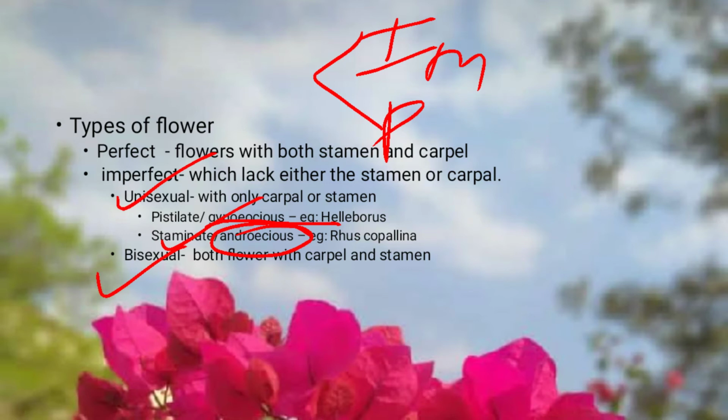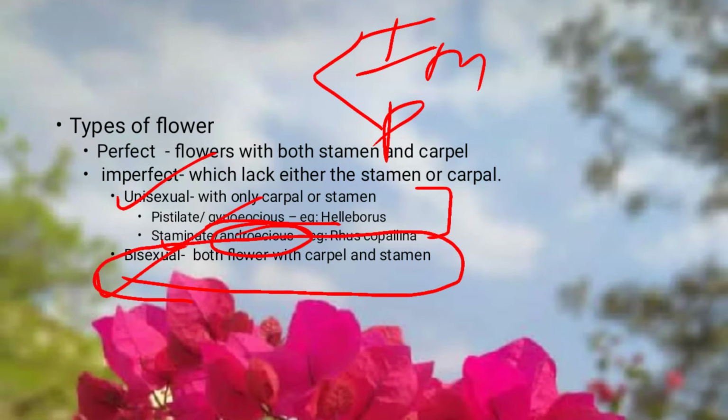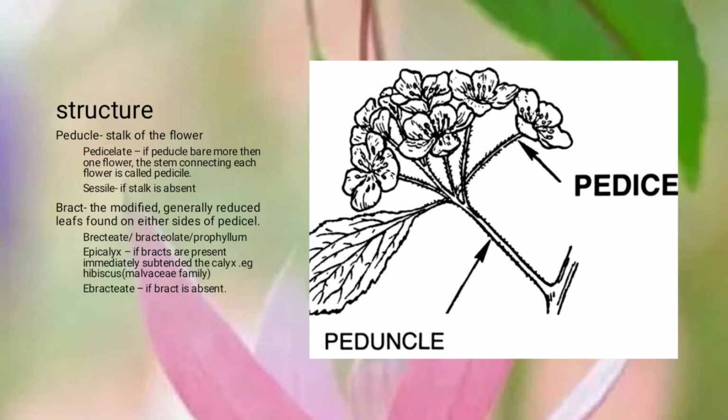So these are the flowers which have only one sex organ, whereas the other is not present. It is present on the other plants. But bisexual flowers are the flowers which have both the male reproductive organ and the female reproductive organ. These are considered to be the perfect flower, or bisexual in nature.